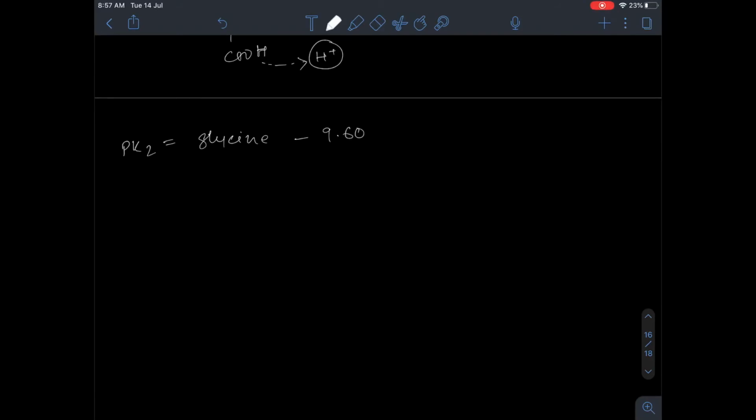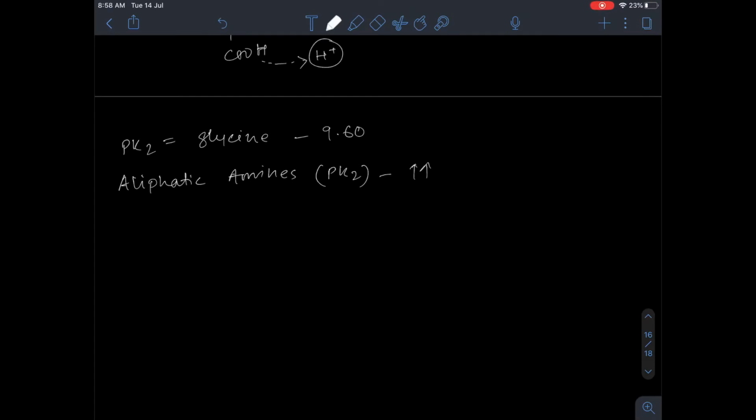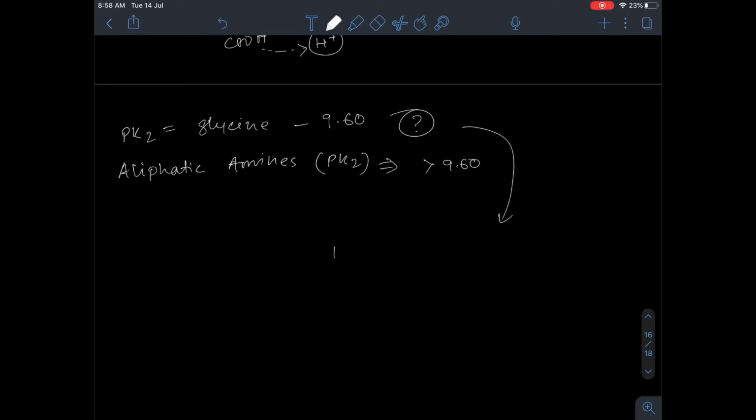For pK2, glycine has a pK2 of 9.60, but for aliphatic amines, pK2 is more than 9.60. Why? This is the normal structure of an amino acid, and this COO minus group tends to attract H+ from the NH3+ group, from the amino group.